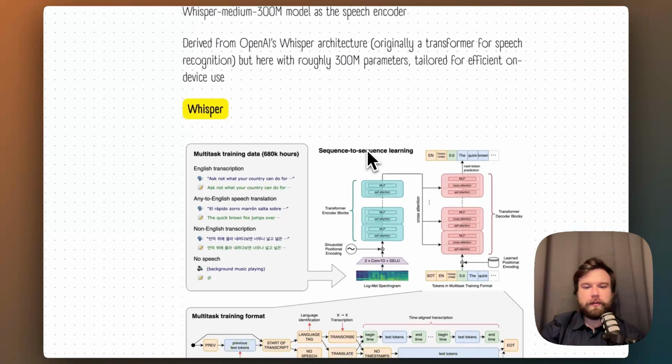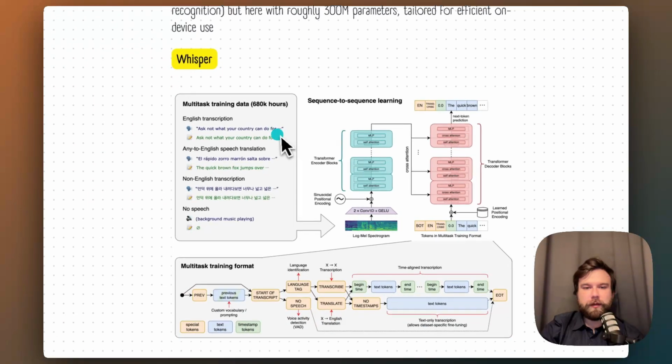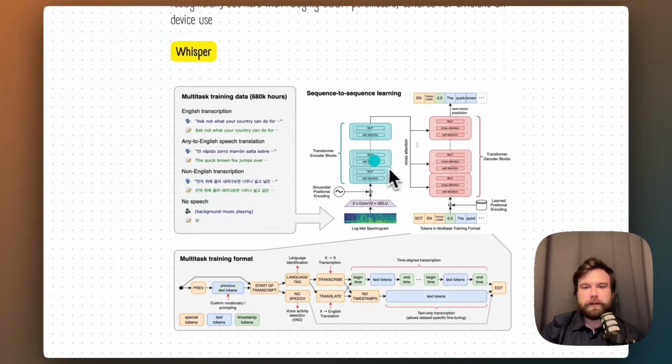So the way Whisper works, maybe we won't go into such depth in this model, but it takes a mel spectrogram of the speech, and this is a special kind of spectrogram that is designed to encode human speech in the most representative way. Then it has some convolutions, and then we also have a transformer encoder.